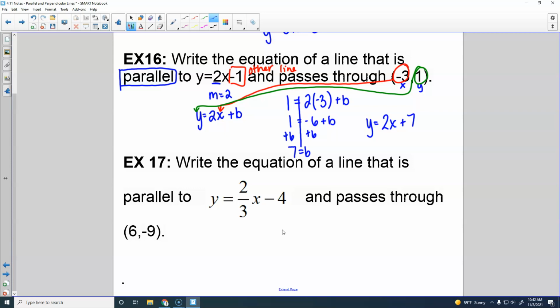Figure out the answer just from your whiteboard. Okay? Does everybody have a marker that works?